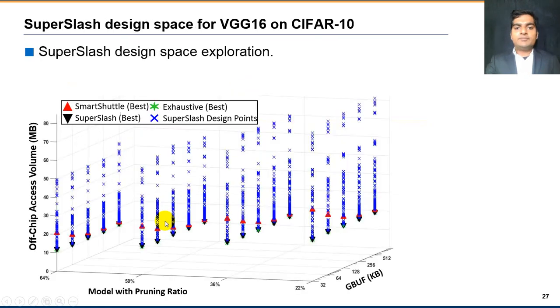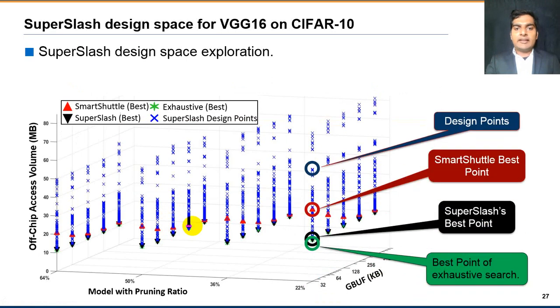We also evaluated the design points explored by SuperSlash. This figure illustrates that we have a very large design space. Particularly, unlike the other DSE, we have one extra dimension related to pruning ratio. For each pruned model, we have multiple design points.